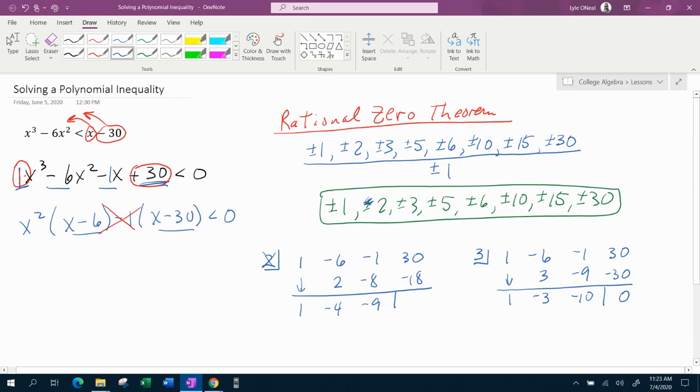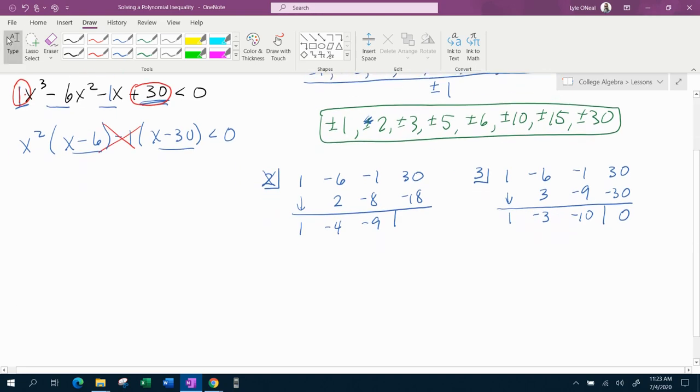Now this is really sweet for 2 reasons. The first reason is that positive 3 is a 0, which tells me that the original polynomial is going to have a factor of x minus 3, and the other factor is going to be a quadratic with 1, negative 3, and negative 10 as coefficients.